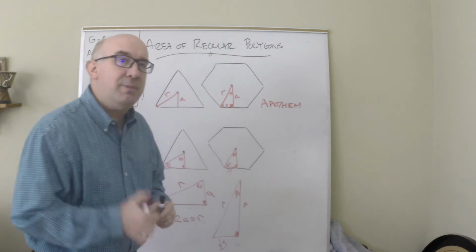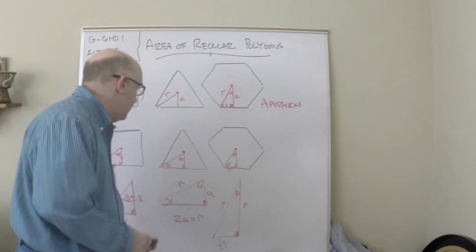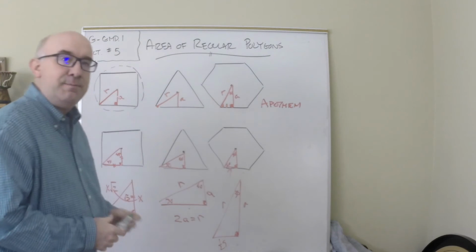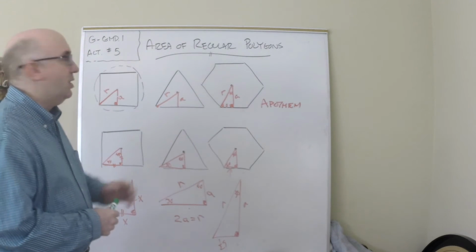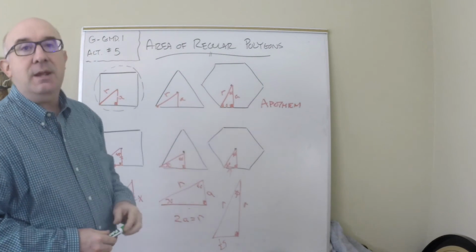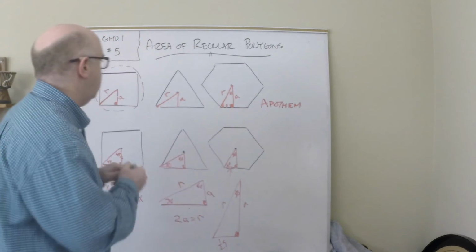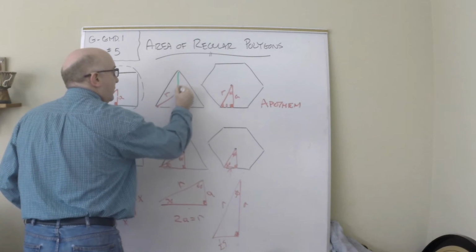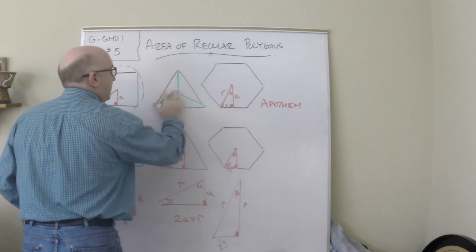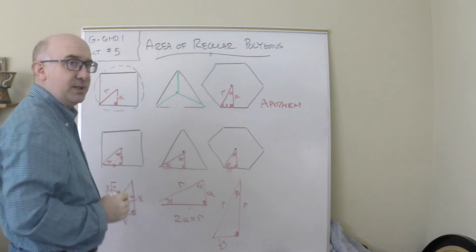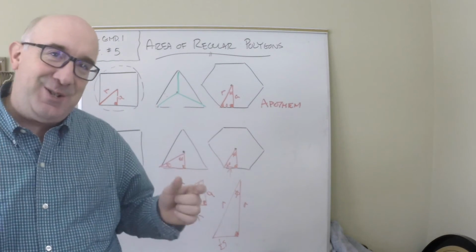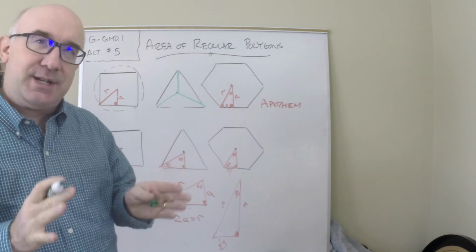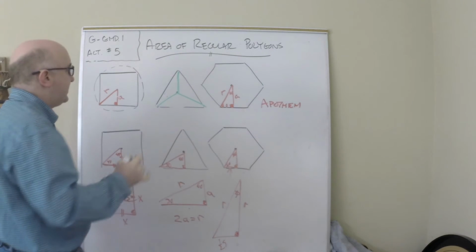Part of the question you might have is, how did I know the angles here? One of the things that you know in a regular polygon is that the central angle, let me show you the central angle. If you were to draw the radii out to the vertices, you know that the central angle is 360 divided by the number of sides.